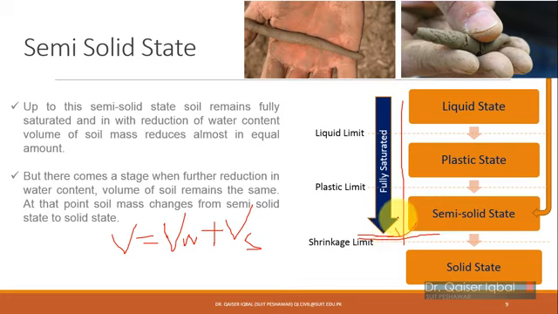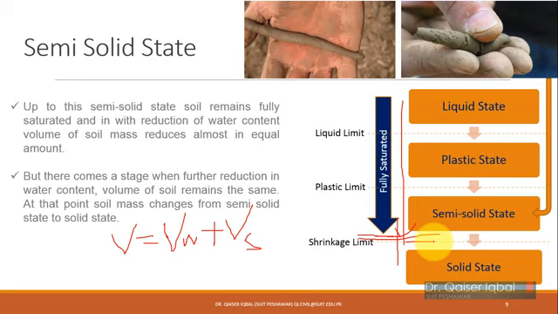But if you further reduce the moisture content beyond this semi-solid state, there will be a point where further reducing the moisture or the water, the volume of the sample will not reduce, because the soil is no more fully saturated.